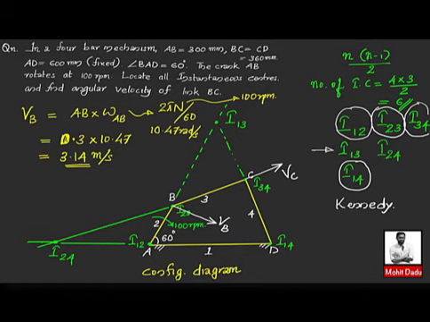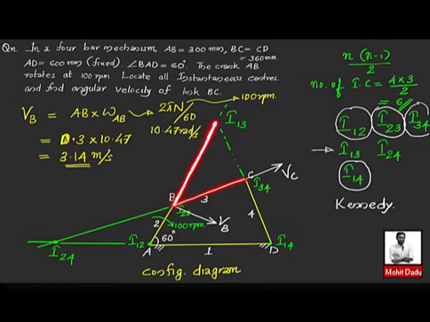This point B is at the end of link BC, which is having a general plane motion, and that is assumed to have its instantaneous center at this point. That means the general plane motion of BC can be assumed as a pure rotation about this point. If you join I13 to B, you can get the distance from this configuration diagram according to the scale you are using.